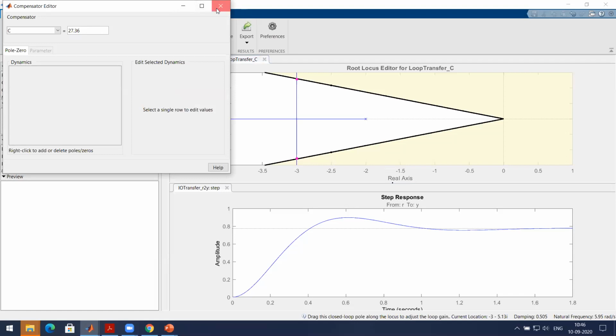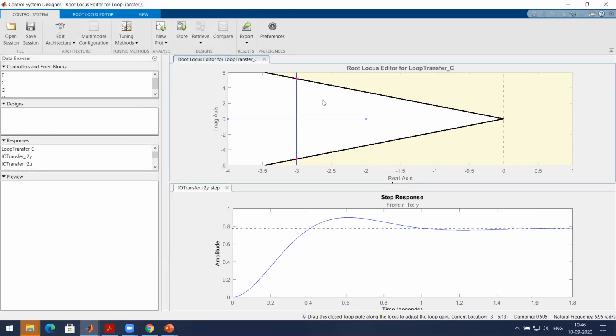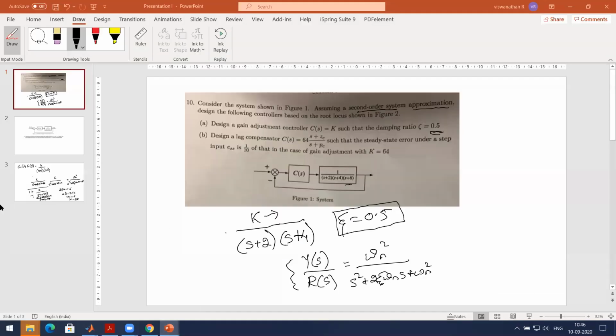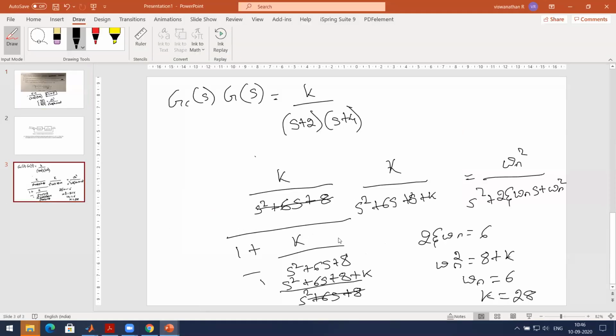So what you're doing is, the first thing what you did, the calculation was, you found out what is K by hand calculation. You were trying to do by hand calculation what is the value of K when zeta equal to 0.5.